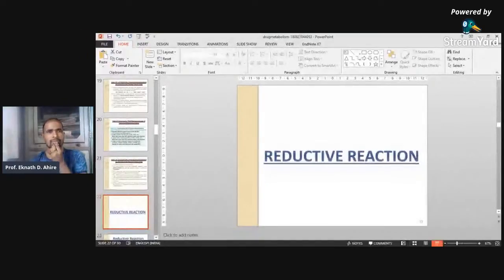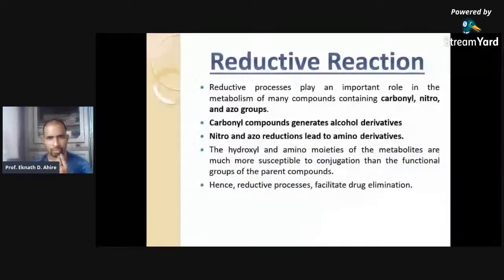Reductive processes play an important role in the metabolism of many compounds containing carbonyl, nitro, and azo groups. Carbonyl compounds generate alcohol derivatives. Nitro and azo reductions lead to amino derivatives. The hydroxyl and amino moieties of the metabolites are much more susceptible to conjugation than the functional groups of the parent compounds.